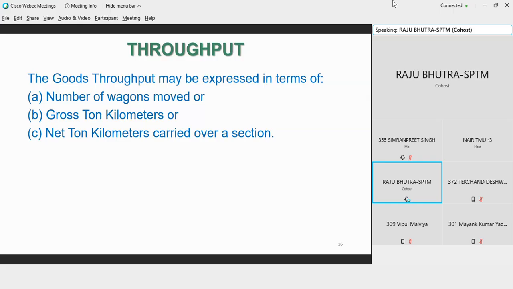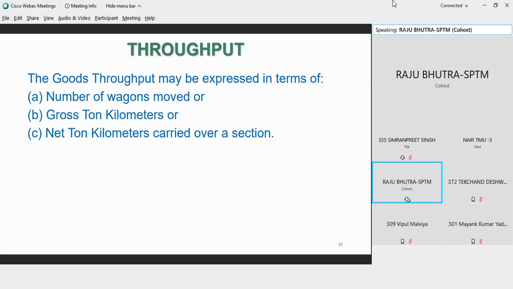What is the difference between gross ton and net ton? Gross ton includes the weight of the wagon also. If we take the gross tonnage of the train, the tare weight of the wagons will also be included in that. However, in net ton, we'll take only the weight of the commodity, the payload loaded in the wagons.